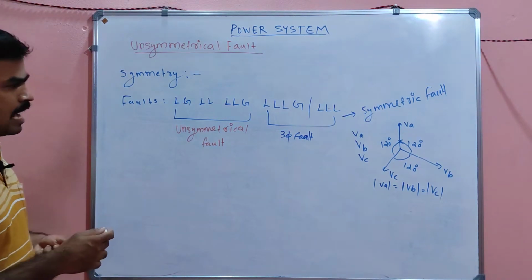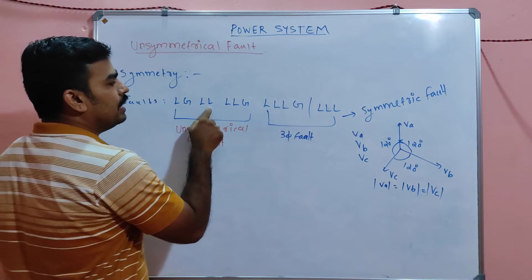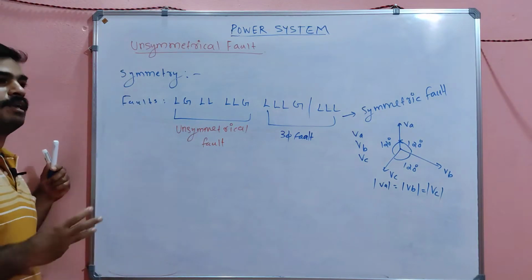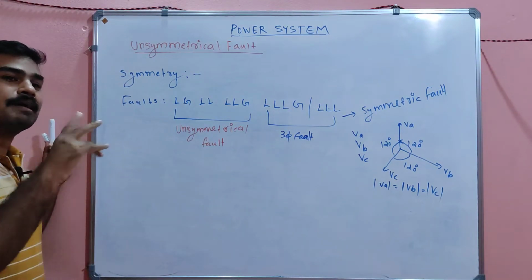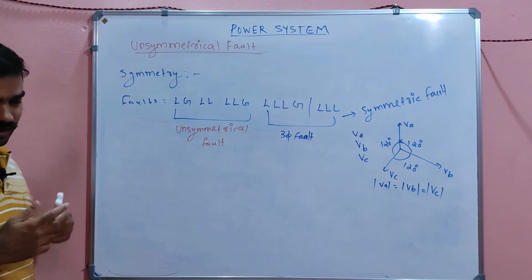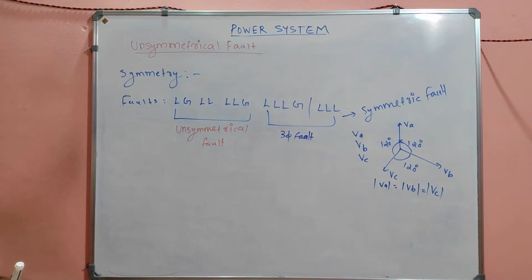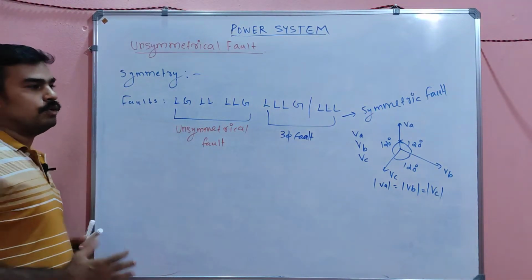But the remaining three faults, LG, LL and LLG, that is the line to ground fault, line to line fault and double line to ground fault, are called unsymmetrical faults. Why the name unsymmetrical? Because these will not follow this.